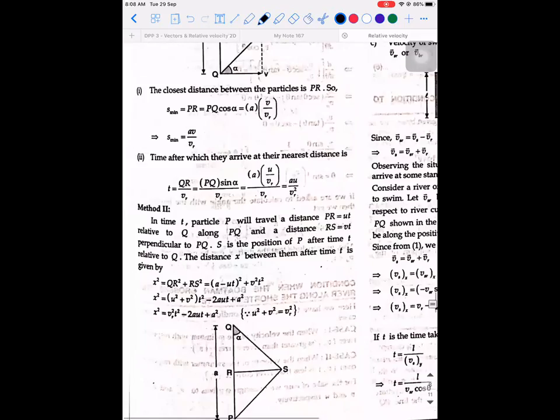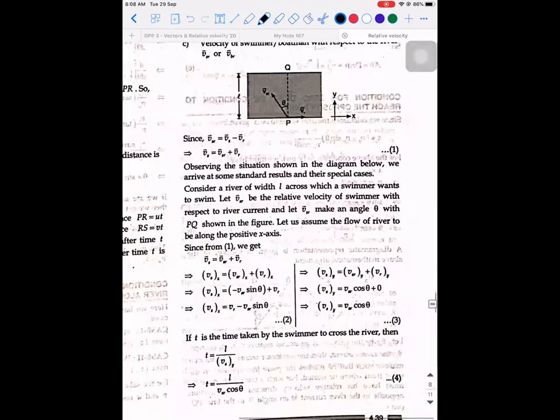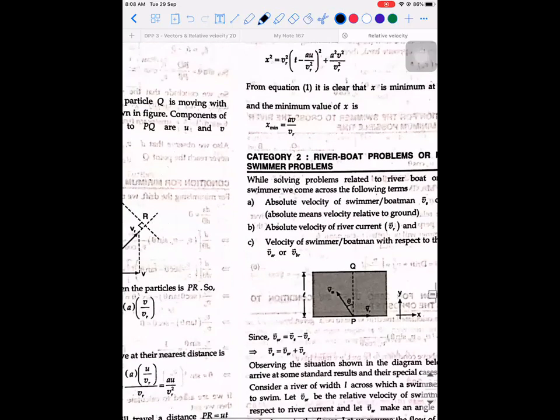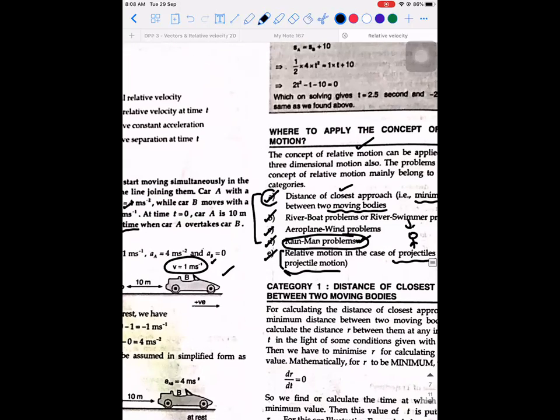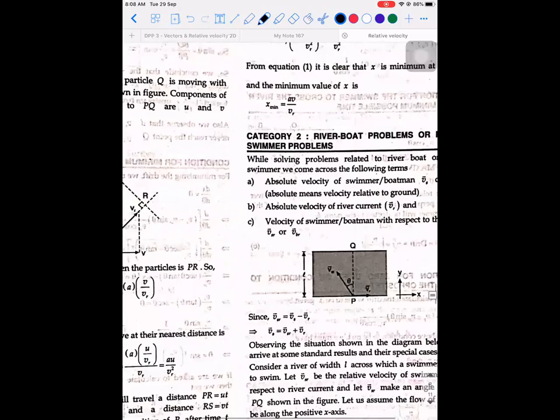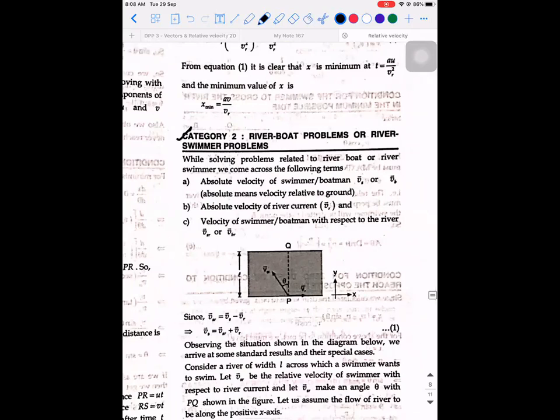The first concept I'll teach a little later because this involves a lot of mathematics. I'll teach this concept alone at the end of this discussion. We will start with river boat or river and swimmer problems. That is category number 2. Now see, for you to speak about the concept of relative velocity, let's recollect from the logics that we have understood.